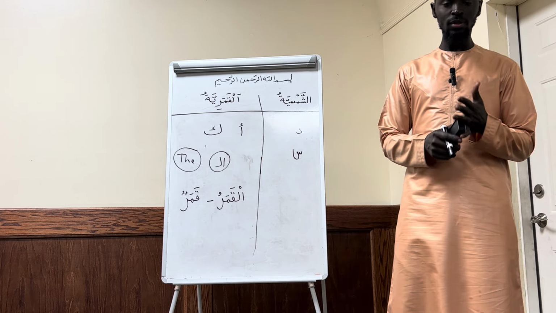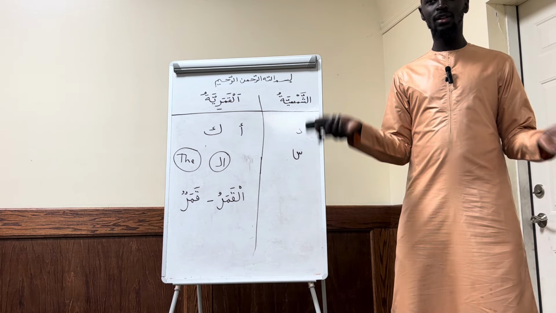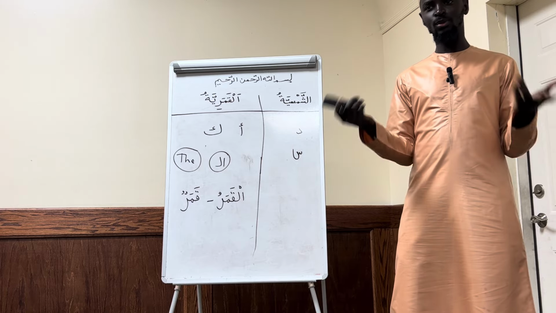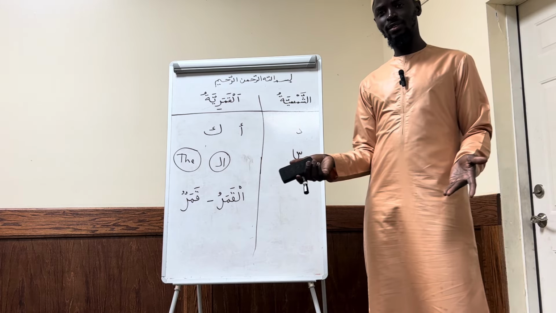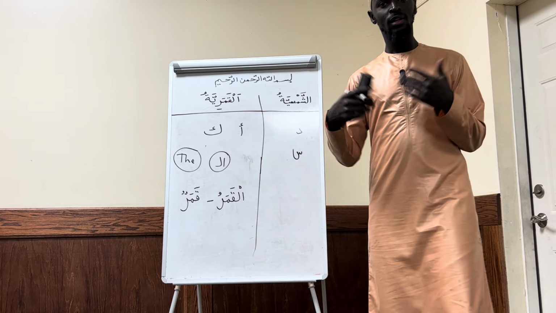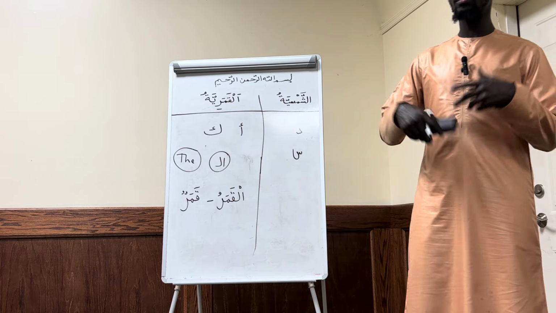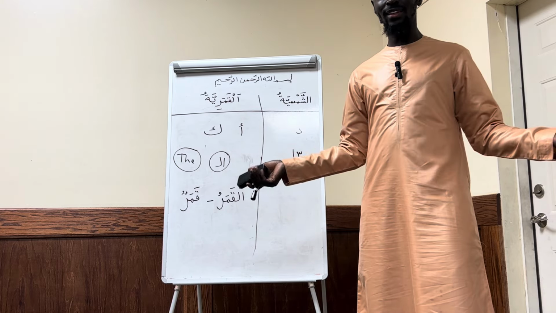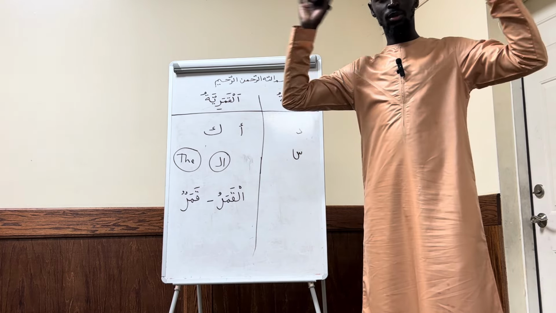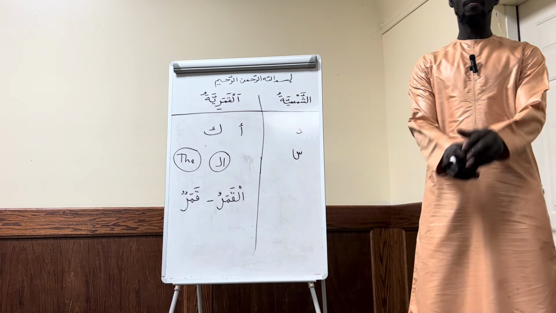Yes, the dunya will finish. If you are a man, you will die. If you are a woman, you will die. If you are a human being, you will die. If you are a jinn, you will die. If you are an angel, you will die. Anything is not complete. Only Allah subhanahu wa ta'ala is complete.